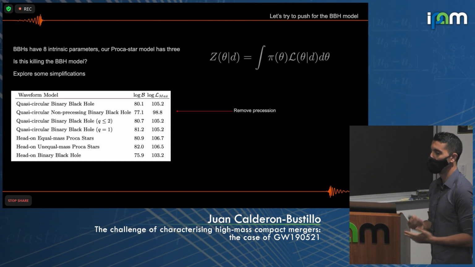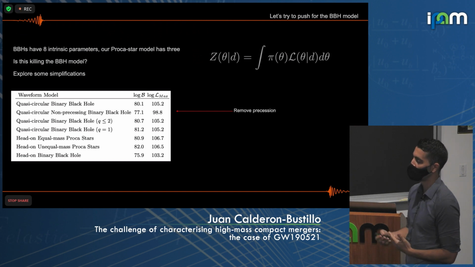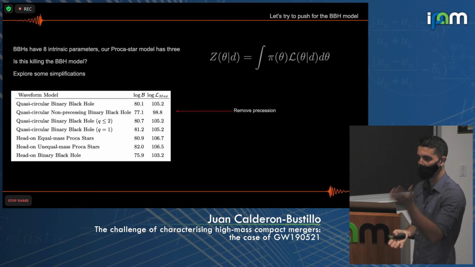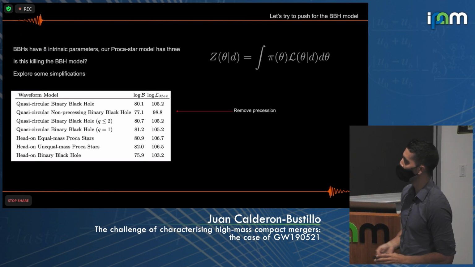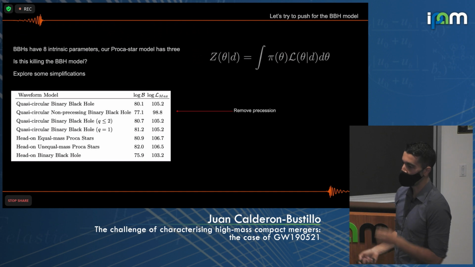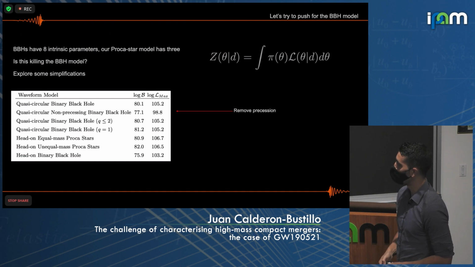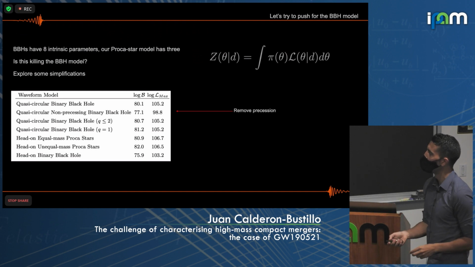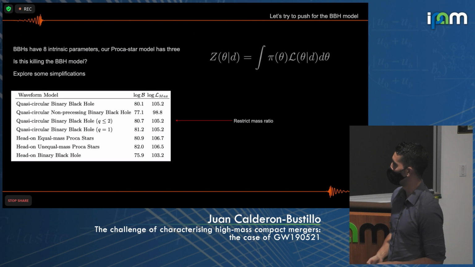And maybe you don't need to explore that much of the parameter space in order to find that fit. So maybe you can restrict to given slices of the space of black holes and push up your evidence. So the first experiment you can do is to remove precession. Let's see if aligned spin can explain this signal. And you find that it cannot. Your Bayes factor decreases a lot. Your log likelihood decreases a lot. So precession is a necessary complication of the model.